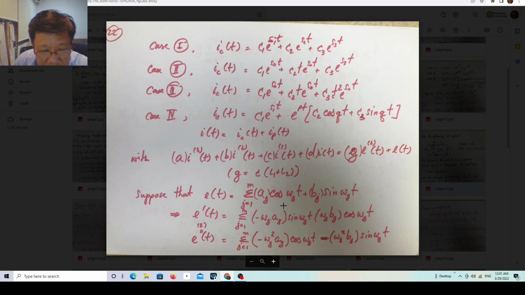And since this is the cos of some constant times the domain, you need to take another derivative of the angle inside the cos, and the derivative of omega j times t over t is omega j. So you have omega j moving out here and multiplying a sub j, and you have a minus sign because the derivative of cos is minus sine.